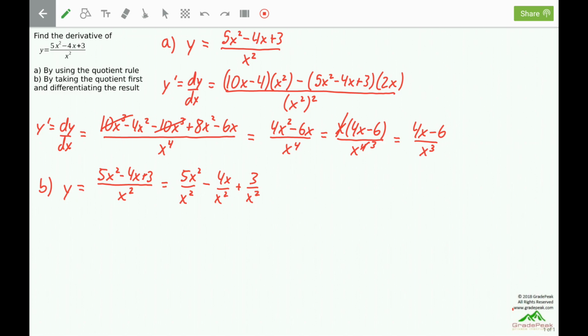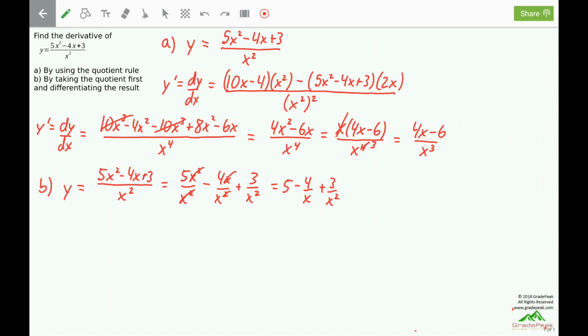For the first term, the x squareds can cancel. We will cancel those out. And that'll leave us with a 5. For the second term, one of the x's from the numerator and the denominator will cancel. That'll leave us a minus 4 over x. And the last term, there's no x's to cancel, so it'll remain 3 over x squared.